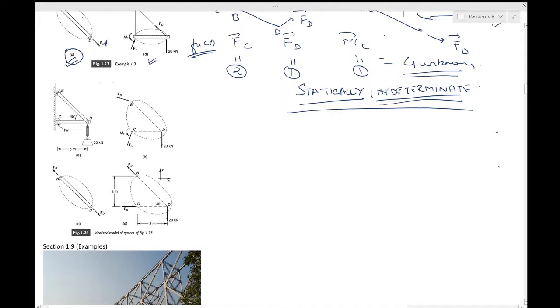Okay, so we'll continue where we left off in the last class. We had arrived at this situation where we had four unknowns but only three independent conditions for equilibrium, and then we said that it is a statically indeterminate system.